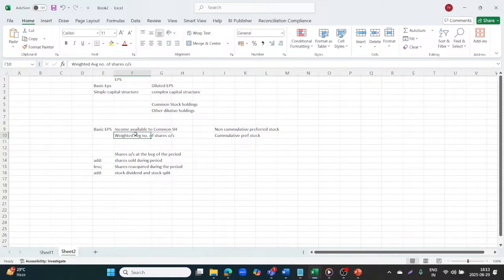Now what is stock split and what is reverse stock split? The weighted average number of shares will be calculated on a time weight basis. If your numerator is increasing, that's a good sign, that means more income is distributed to the common shareholder. If your denominator, the weighted number of shares, is increasing, that means you are adding more partners, so EPS gets diluted, which is not a good sign.